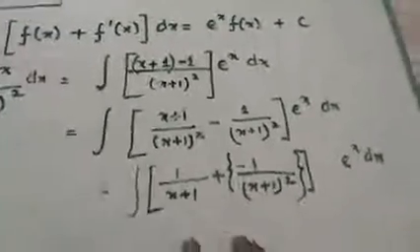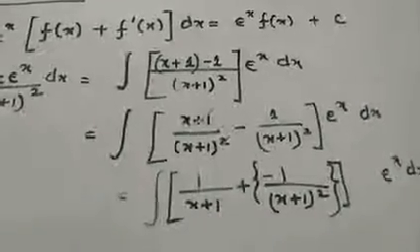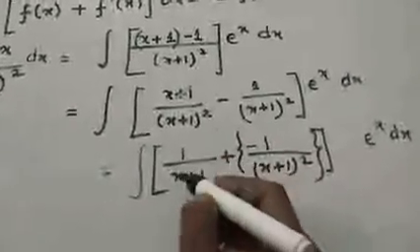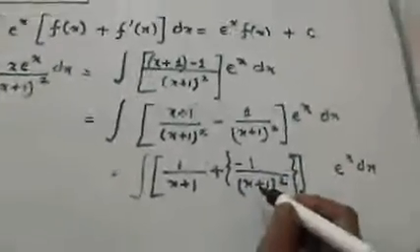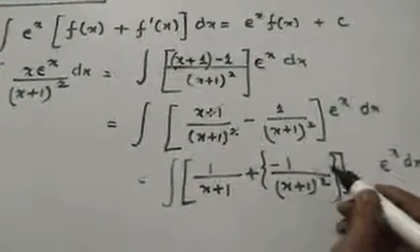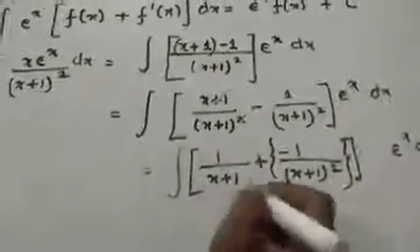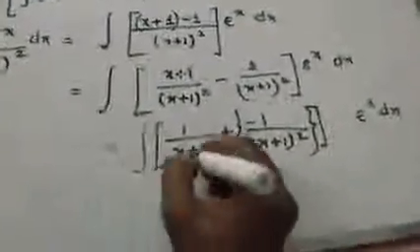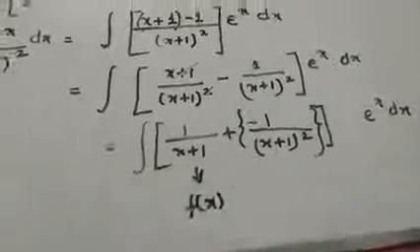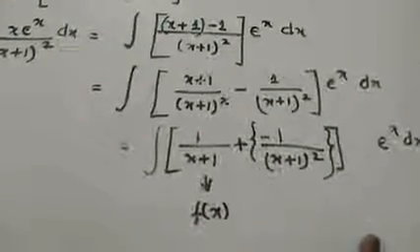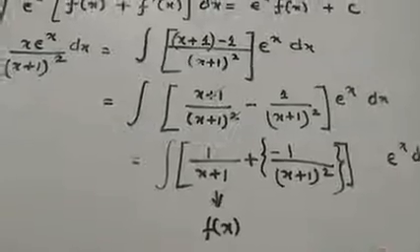Now from here, what will be our f of x? Simply see that one form is 1 by (x+1), another form is minus 1 by (x+1) whole square. So you can guess that this is your f of x, that is 1 by (x+1). What is the derivative of 1 by x?